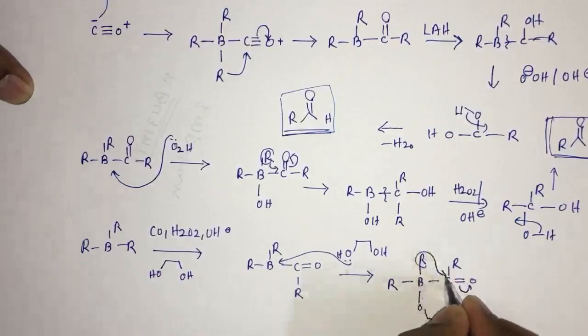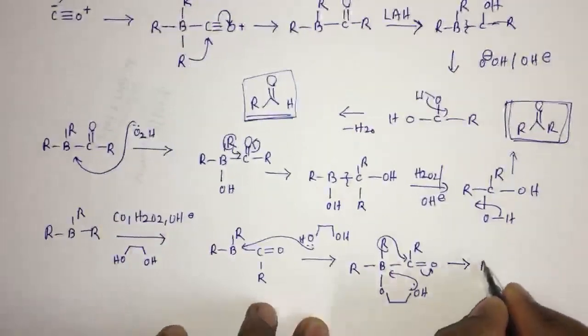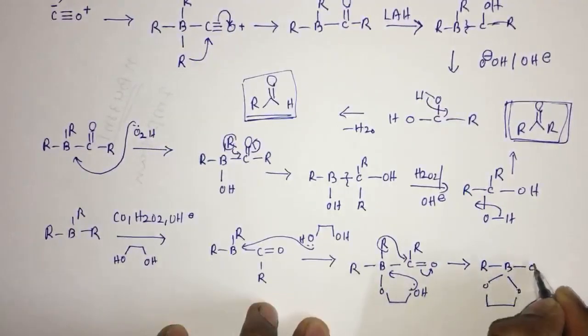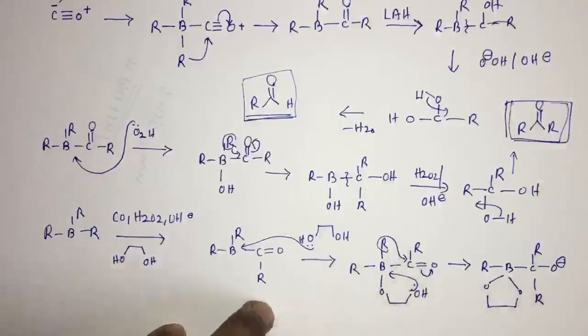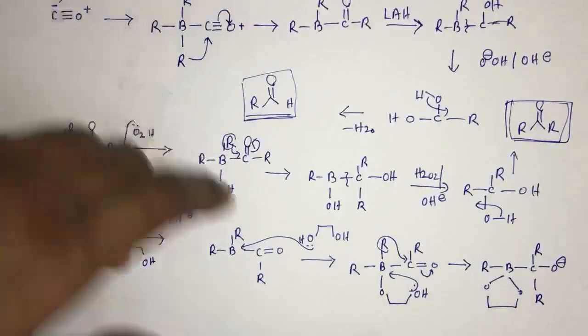This alkyl group comes to the carbon and this lone pair attacks on the boron, giving C, R, O minus, R. Now this is upon hydrolysis.